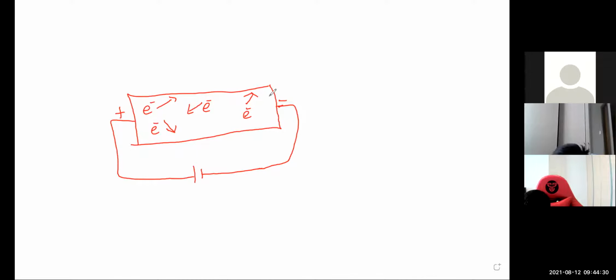Now suppose electron number one starts moving in this direction. Electron number two also starts moving in this direction, towards the positive plate. And this electron also starts moving in this direction. It means all the electrons start moving in one single direction.